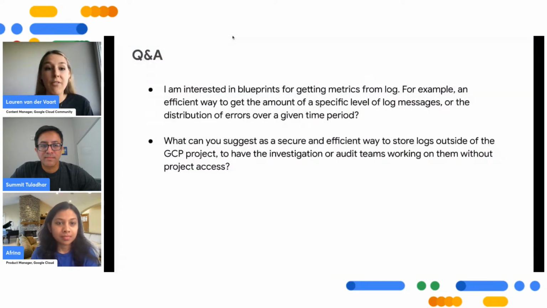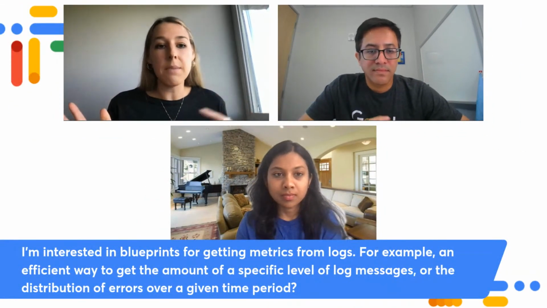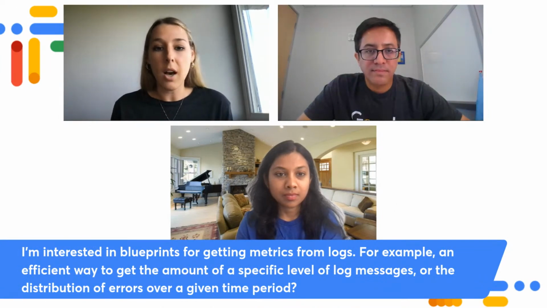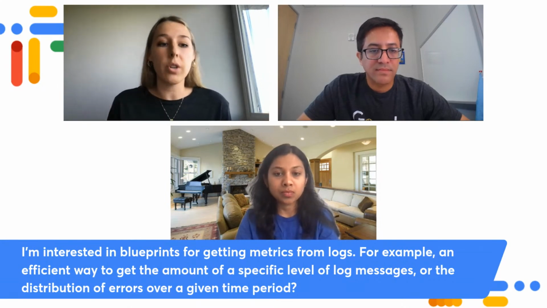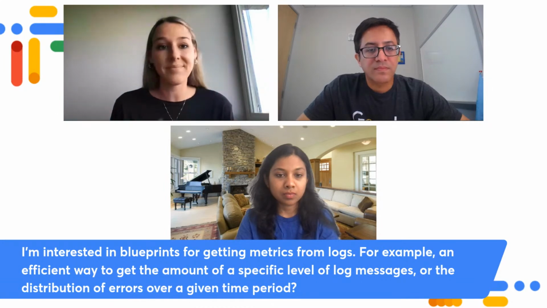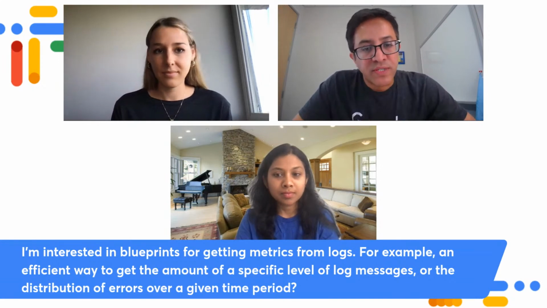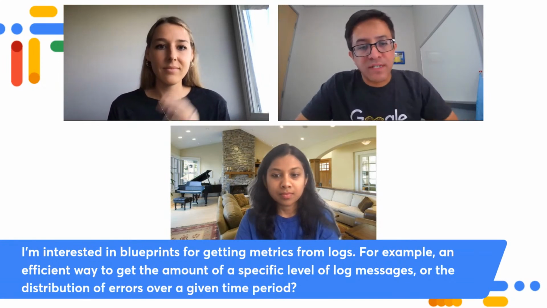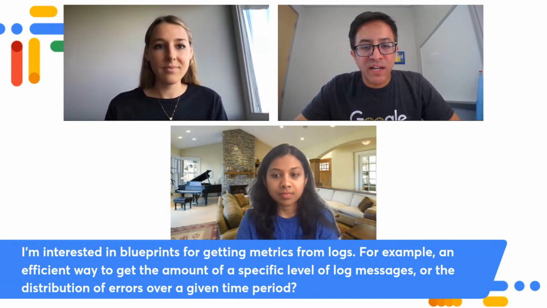So our first question is, I'm interested in blueprints for getting metrics from logs. For example, an efficient way to get the amount of a specific level of log messages or the distribution of errors over a given time period. Yeah, so I think this is a very interesting question. There are multiple ways to do this. For example, the traditional way that our customers have been doing this is using log-based metrics.